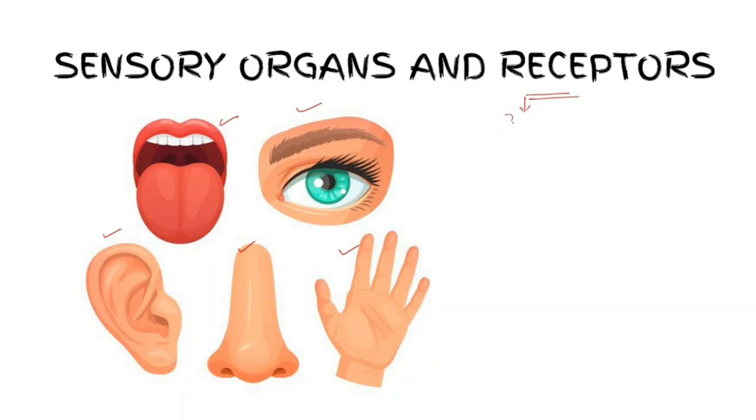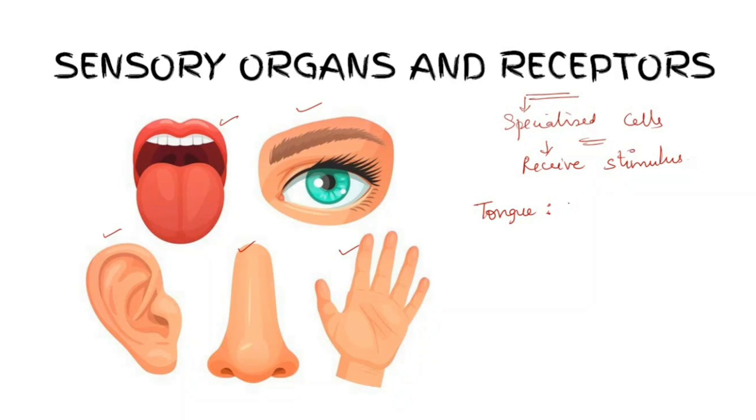Receptors are nothing but specialized cells present in our sense organs, or simply we can call our sense organs the receptors. Their function is to receive the stimulus. Very simple to understand.